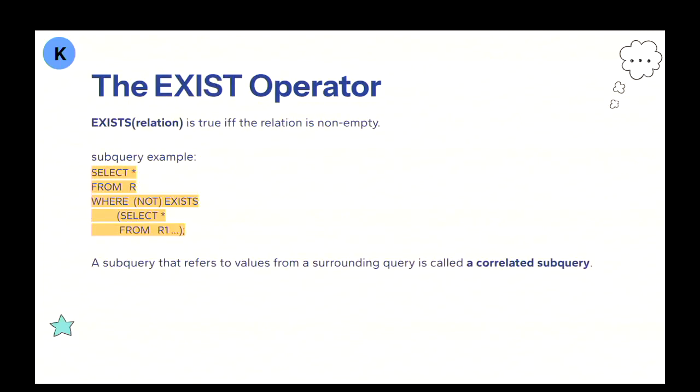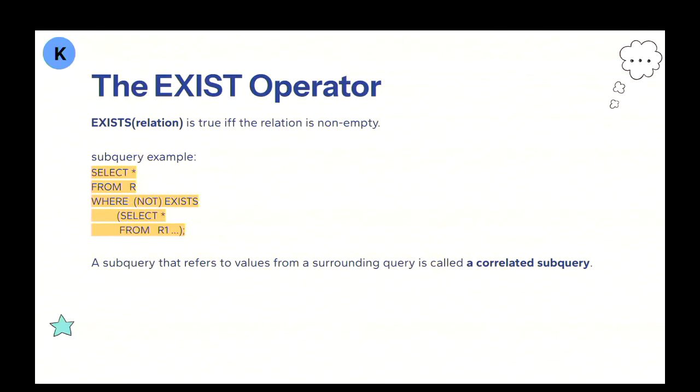There's another operator called exists. Exists is true if and only if the parameter inside this exists is not empty. Do note that we can use subqueries within these operators.